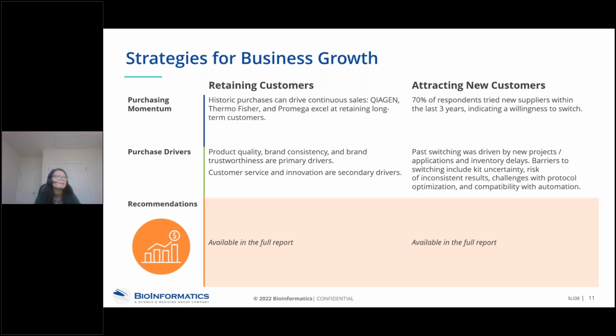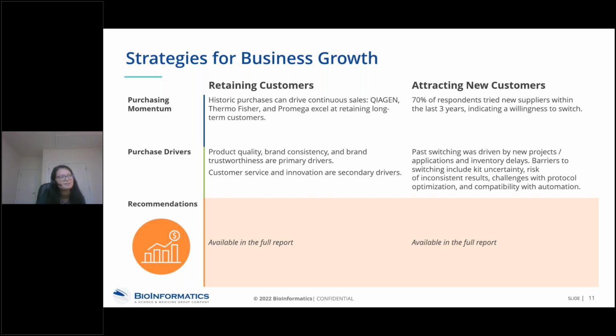Meanwhile, for switching, past switching was driven by new projects and applications and inventory delays. So when a researcher is starting a new experimental protocol or looking into the literature, that's an opportunity to leverage.